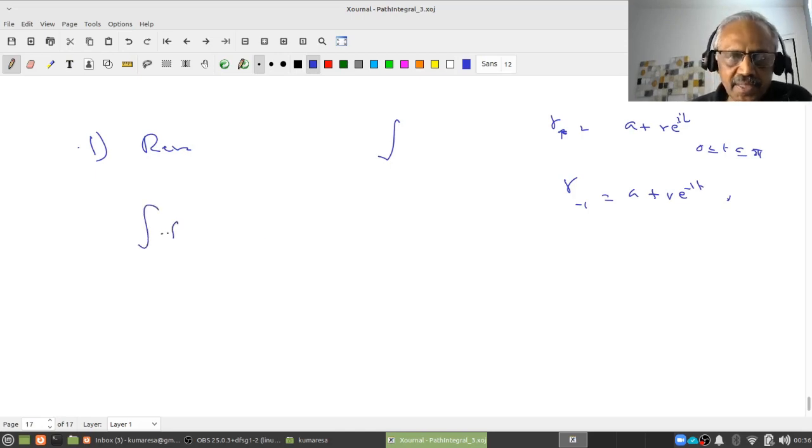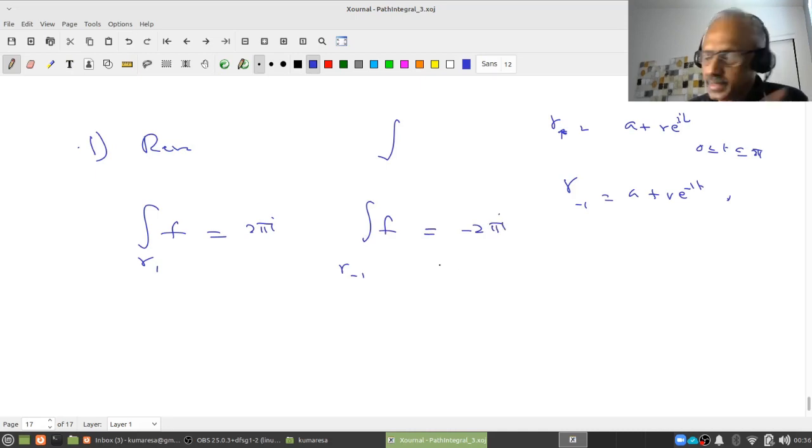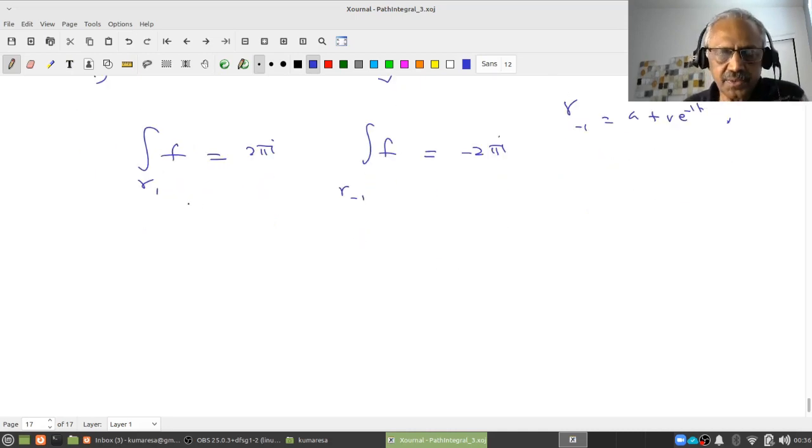Then we said integral of f over gamma 1 is 2 pi i, whereas integral of f over gamma minus 1 is minus 2 pi i. We already saw that in the earlier part of the equation.